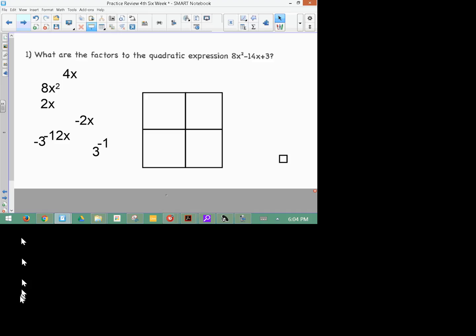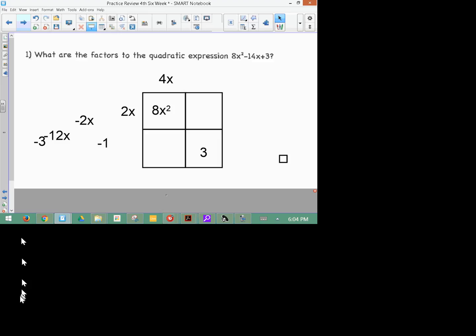Well, first of all, let's place where we know things are going to go. We know 8x squared needs to go here, and we know a 3 needs to go here. That's all we're sure about. We're trying to figure out the factors. So in order to get an 8x squared, I'll be tempted to try a 2x here and a 4x here, just trying different things.